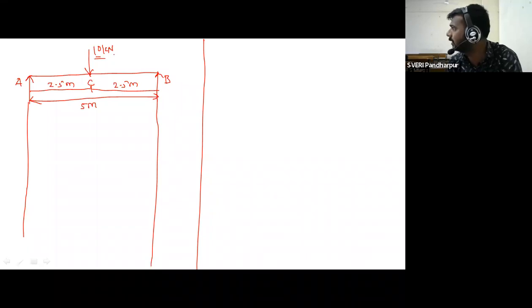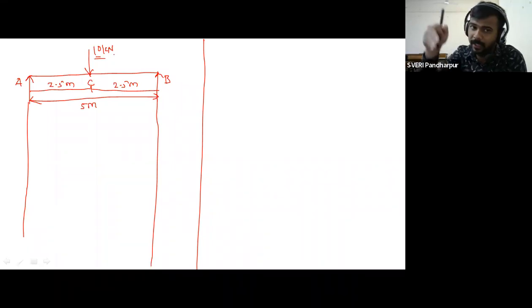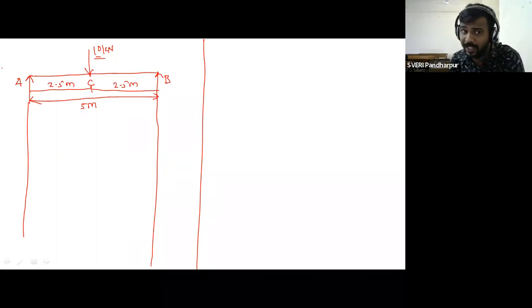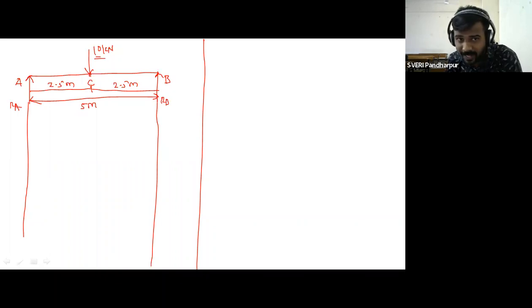We are having the standard: the forces which are moving in downward direction are equal to the forces which are moving in upward direction. Now how many upward forces are there? 2. Reaction RA and reaction RB. And this point load acts exactly at the center. Therefore reaction RA is equal to 5 kilonewton and RB is also equal to 5 kilonewton.